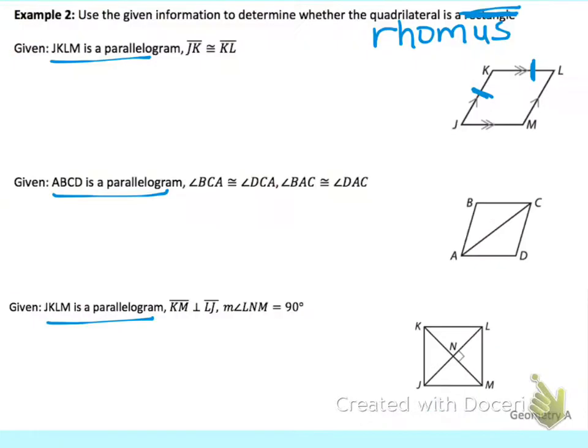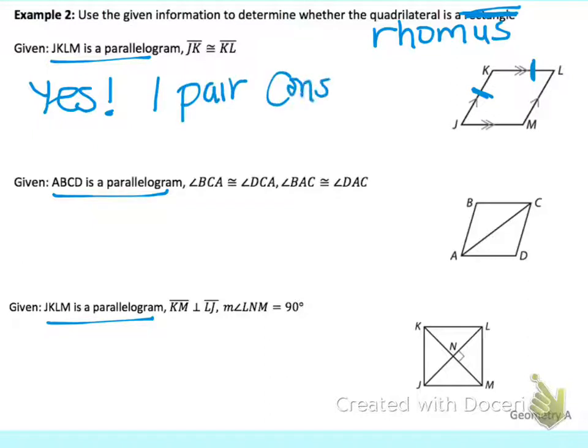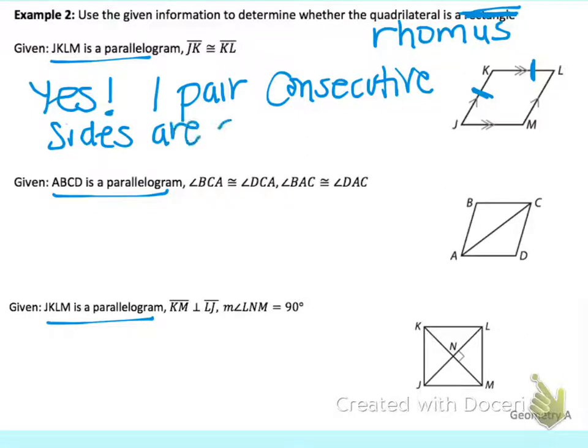And that's exactly what we have right there. It's a different pair of sides marked, but it's still sides that are next to each other. So yes, this is a rhombus, because one pair of consecutive sides are congruent. And so we meet that first part of the conditions theorem.